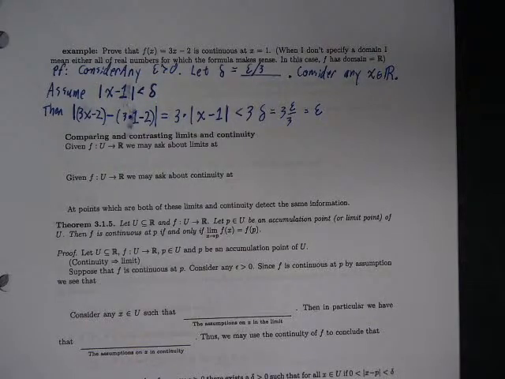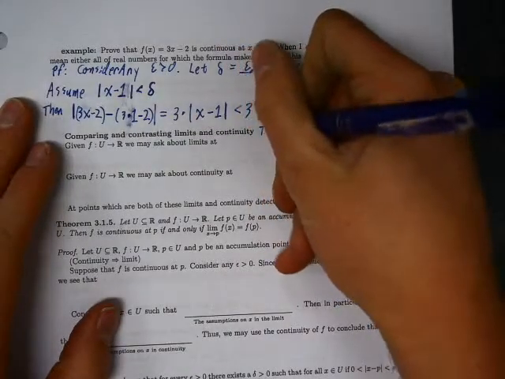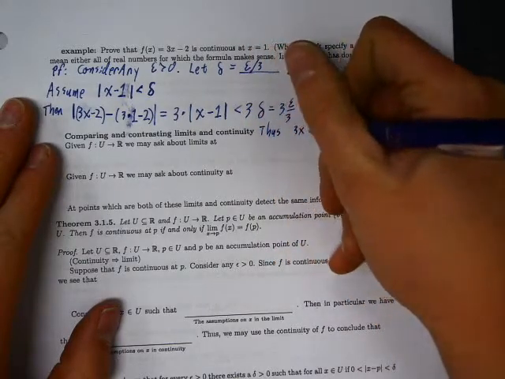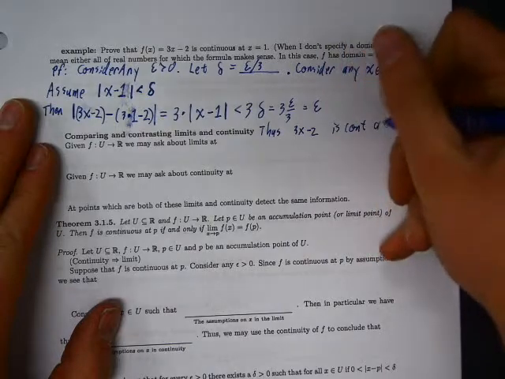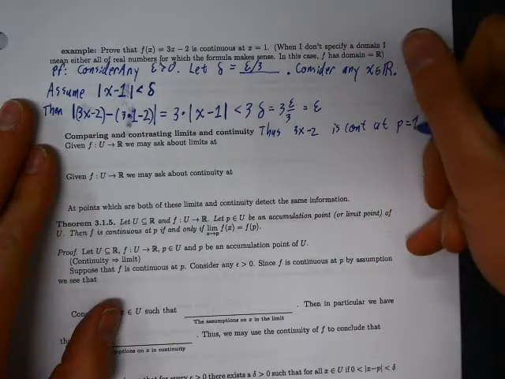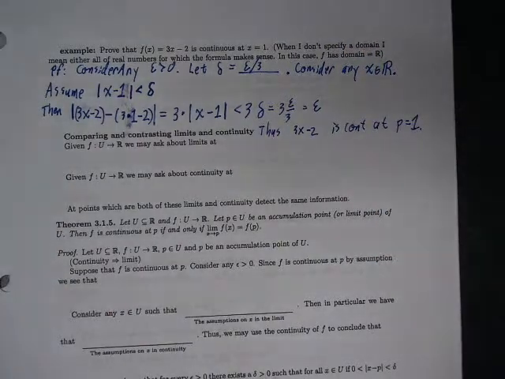So 3x minus 2 is continuous at p equal to 1. Nice. Does that feel pretty good?